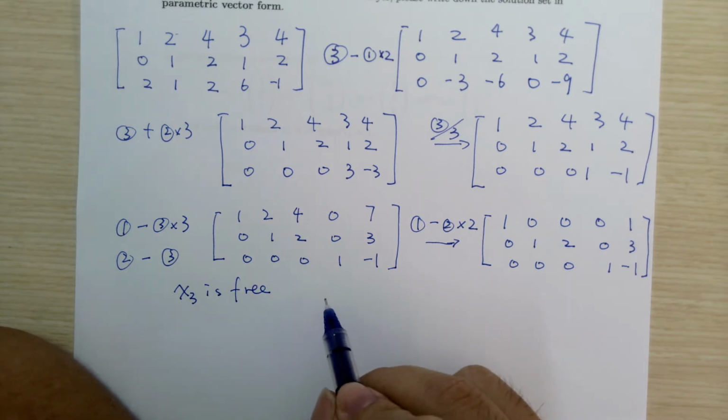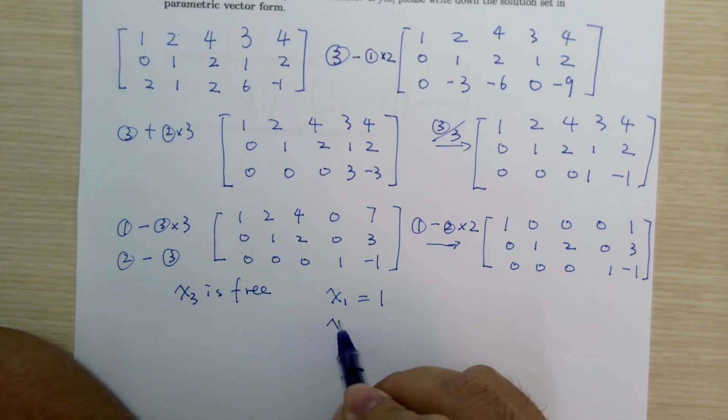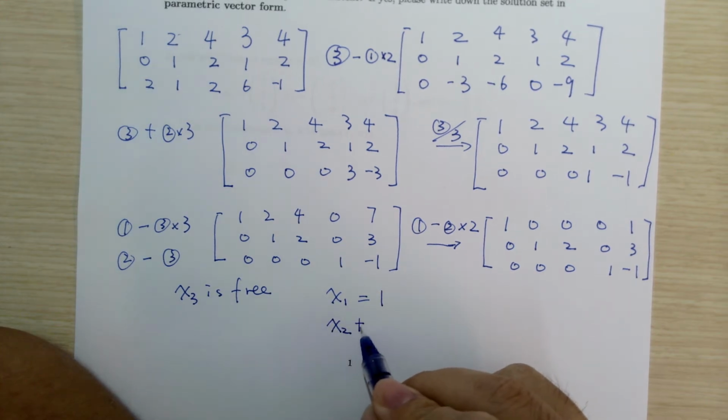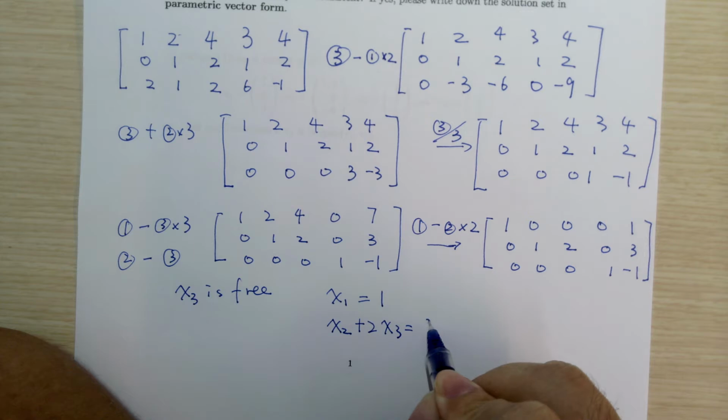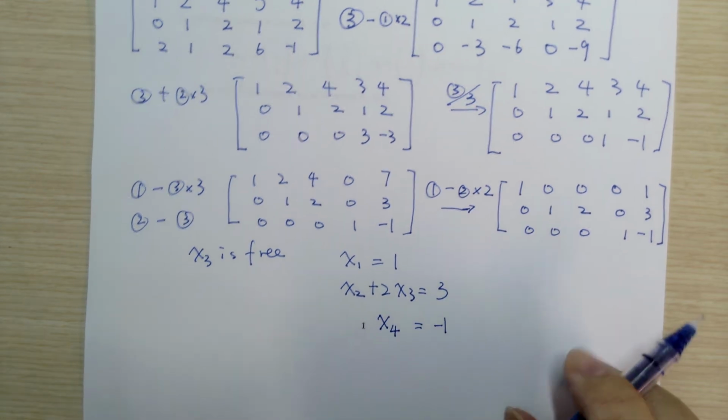So we can write down that x1 equals 1, x2 plus 2x3 equals 3, and then x4 equals negative 1.